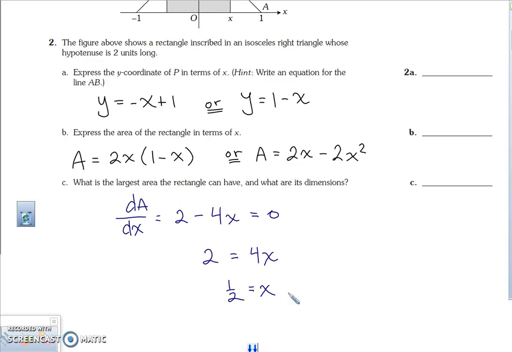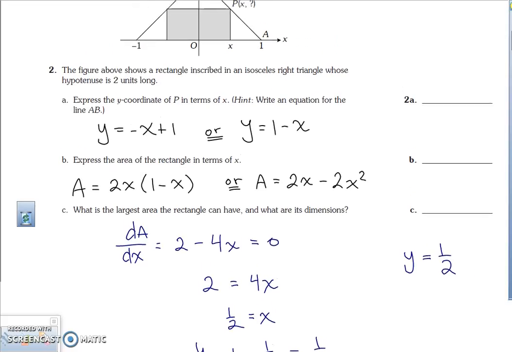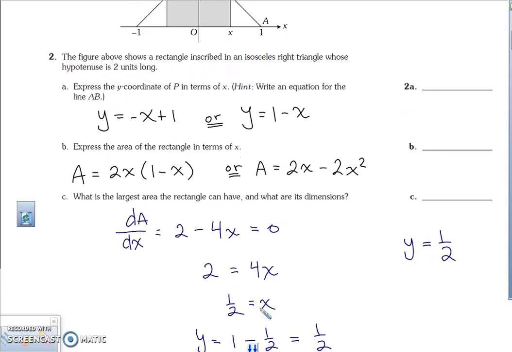I had some students then tell me, okay, so then y is going to equal 1 minus 1/2 to get 1/2. So y is 1/2. So y equals 1/2 is one of them. The second one, however, is not 1/2.